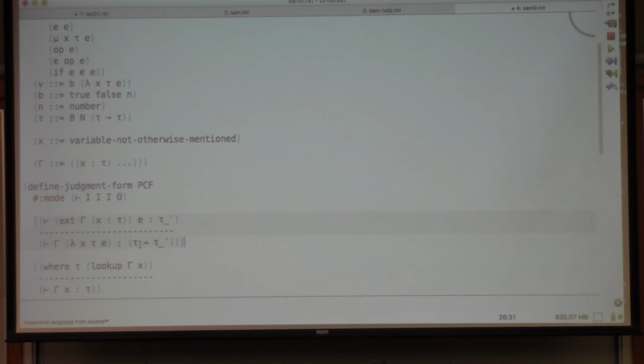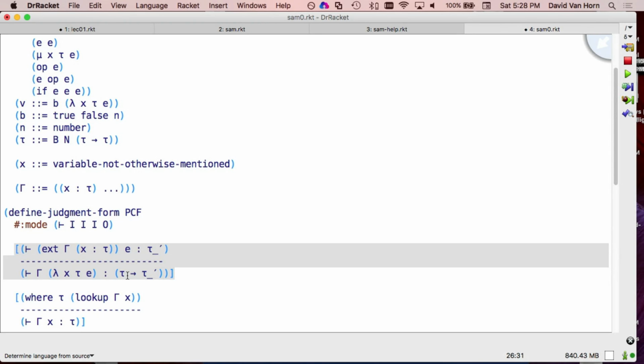You've been seeing rules like this again and again, so you should be comfortable with this, but this is really spelling out all of the details of what's going on when you write down an inference rule like this.